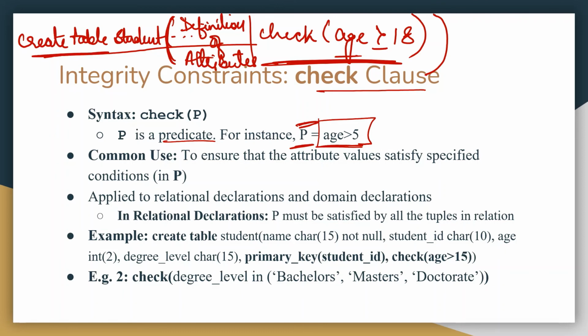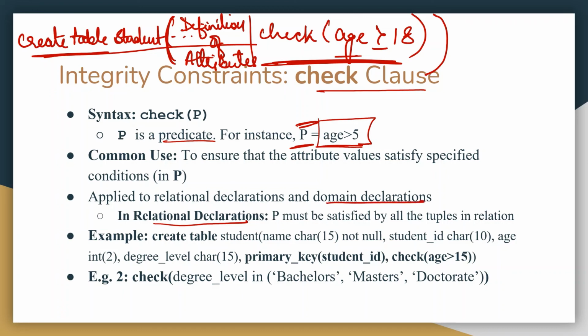If I try to enter the record of a student whose age is less than 18, the database will not allow me to do so, and it will prompt an error message. Okay, next. So it can be applied in case of a relational declaration, as we've just discussed, or it can be applied in case of domain declarations as well.